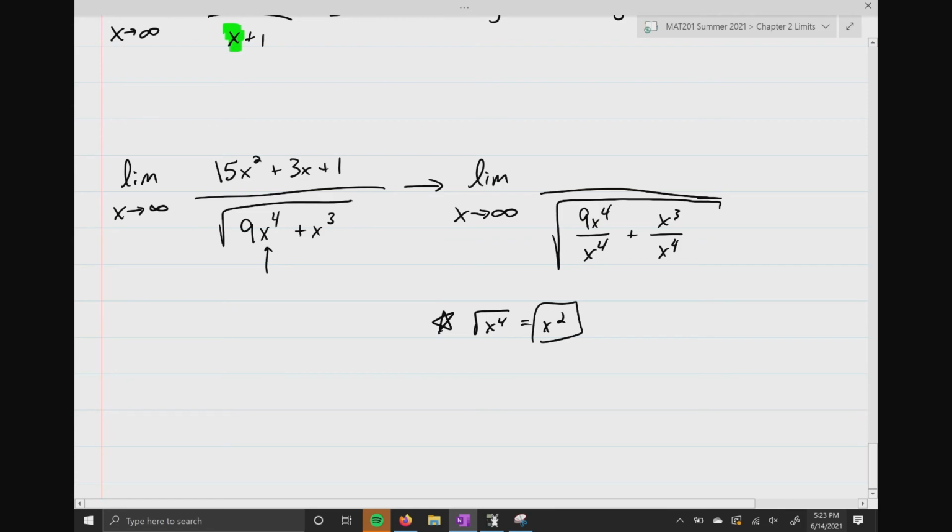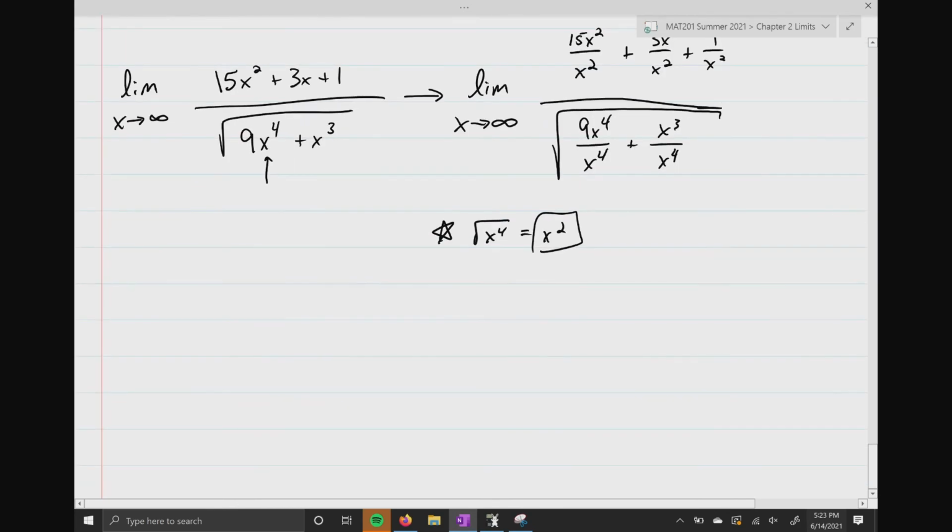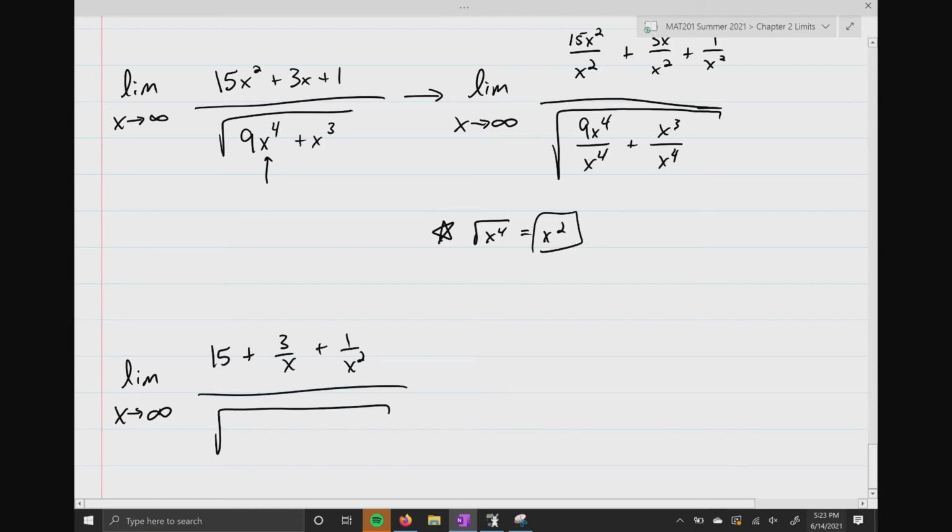So outside the denominator, I'm going to divide everything by x squared. Once again, I just go ahead and do my simplifying here. So that gives me 15 plus 3 over x plus 1 over x squared. And then inside the radical, I'm going to have 9 plus 1 over x.